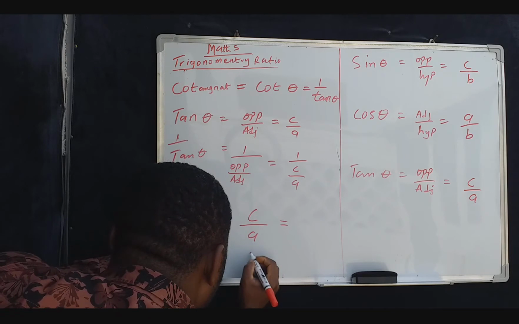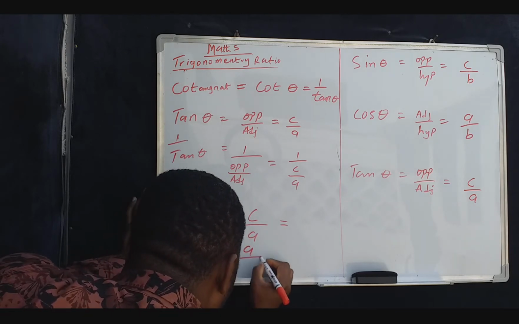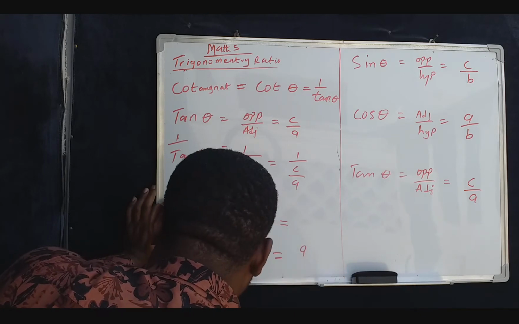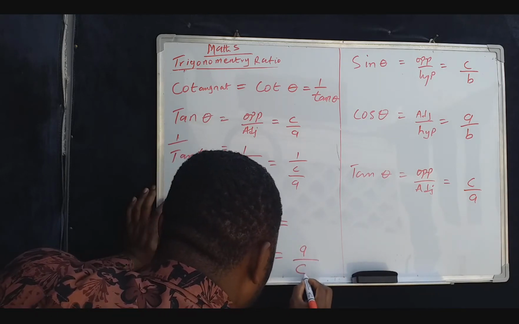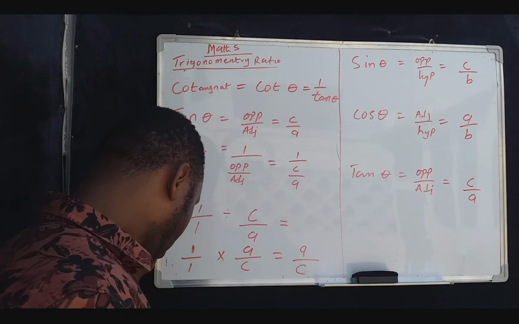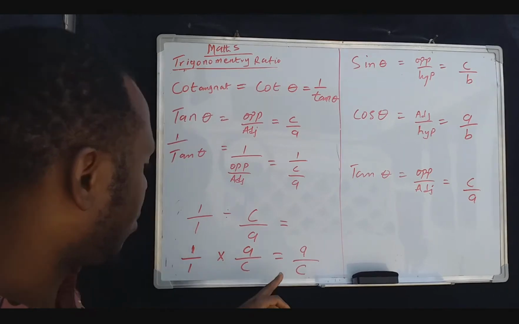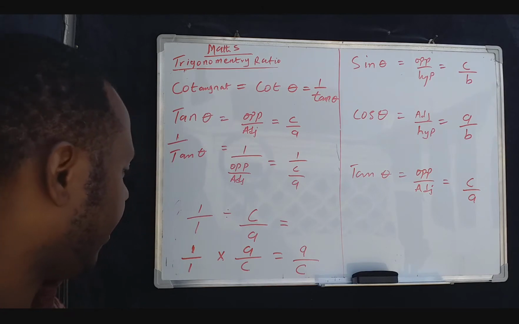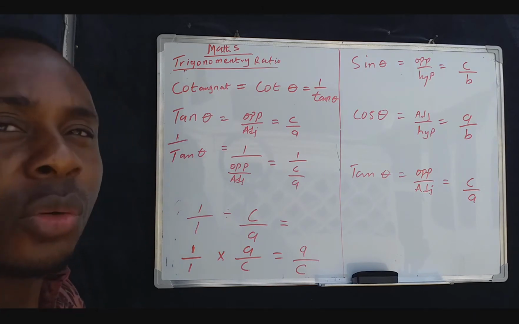It's going to give you A over C, which is equal to 1 times A, that is A, and 1 times C, that is C. So this is what we're going to get, A over C. I don't know whether you're getting it.